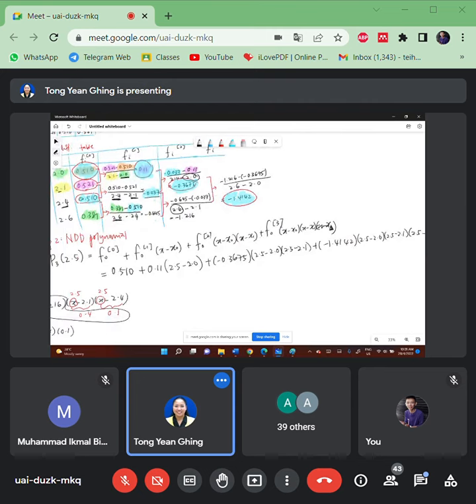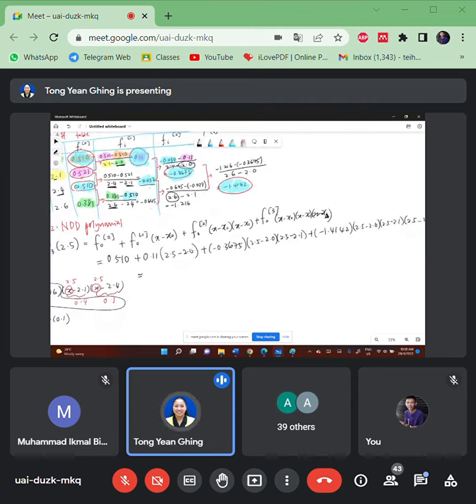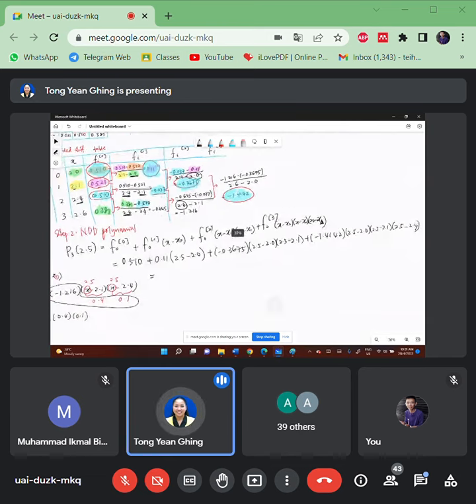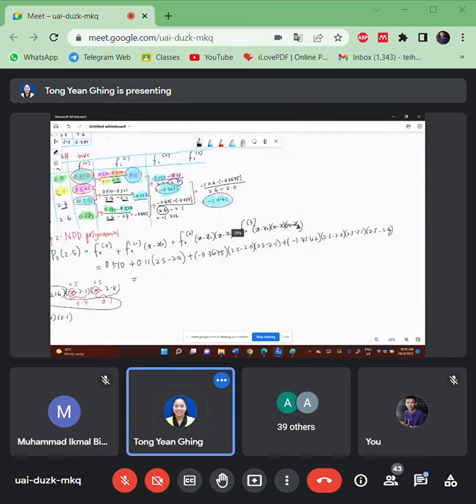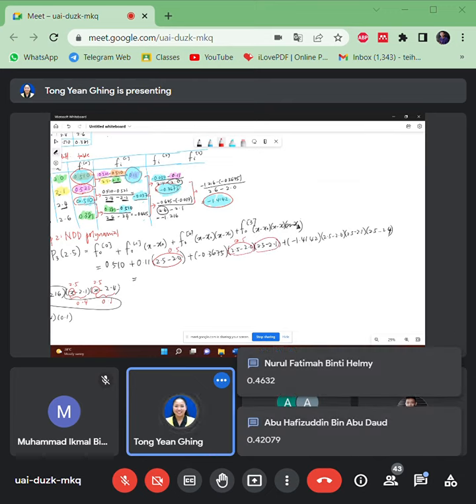Boleh tak? So, aku kira dapat berapa. Terlalu kecil tak? Try calculate. What do you get? Yang ni kan 0.5. So this is 0.5. This is 0.4.